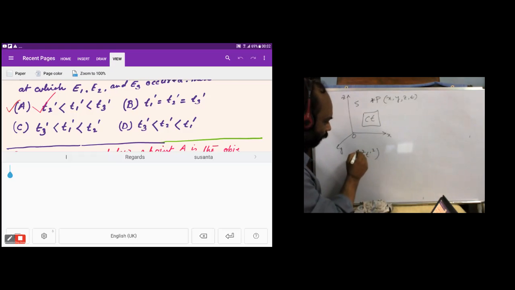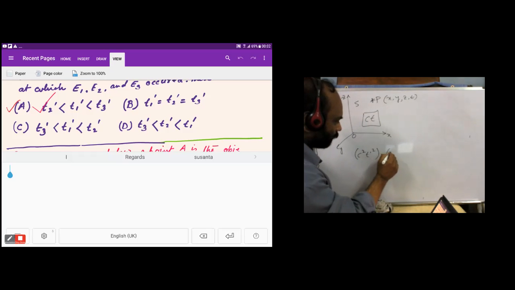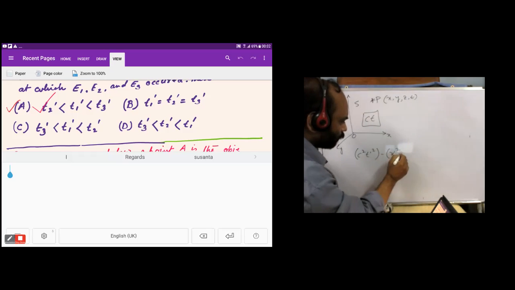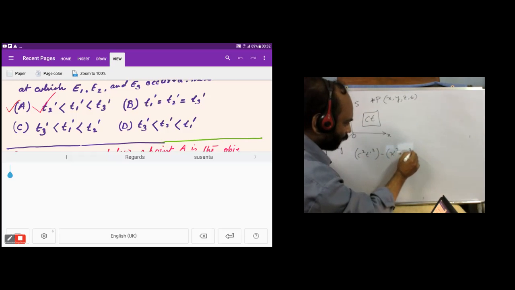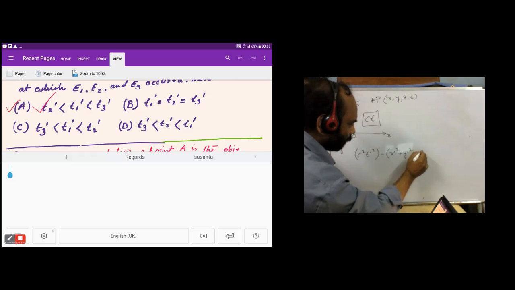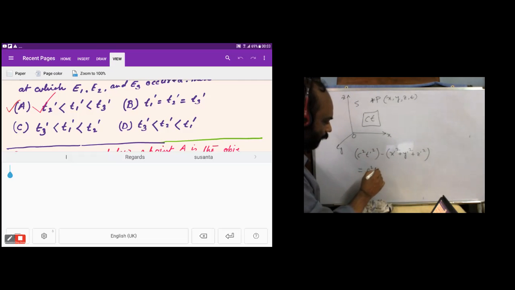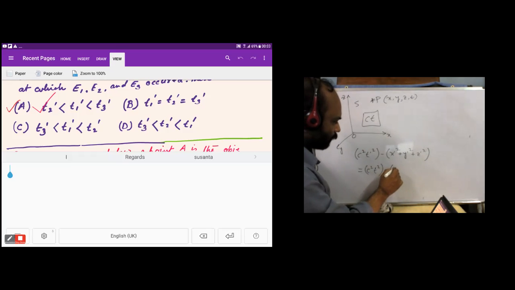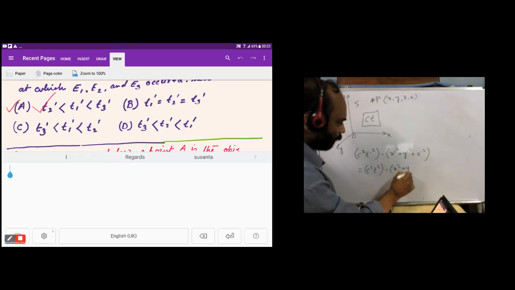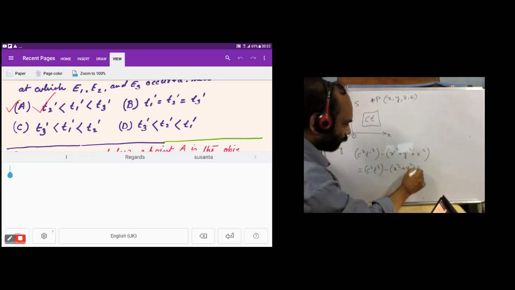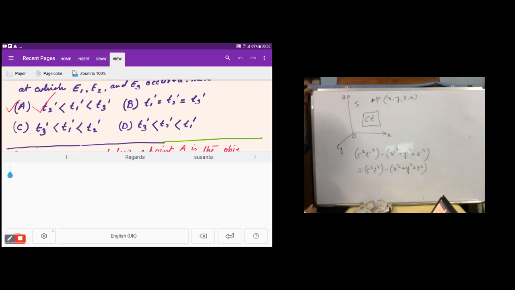T dash square minus (X dash square plus Y dash square plus Z dash square) in one reference frame, say S dash, is equal to C square T square minus X square plus Y square plus Z square.